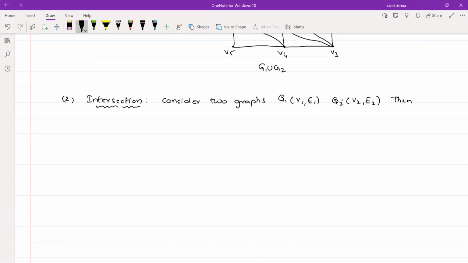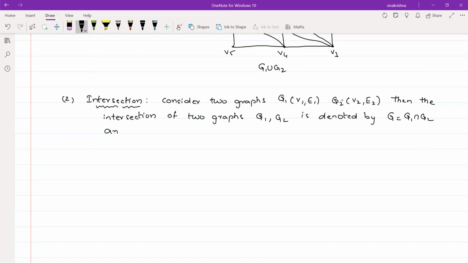Then the intersection of two graphs G1 and G2 is denoted by G equals G1 intersection G2 and is defined as G equals G1 intersection G2, which equals (V1 intersection V2, E1 intersection E2).